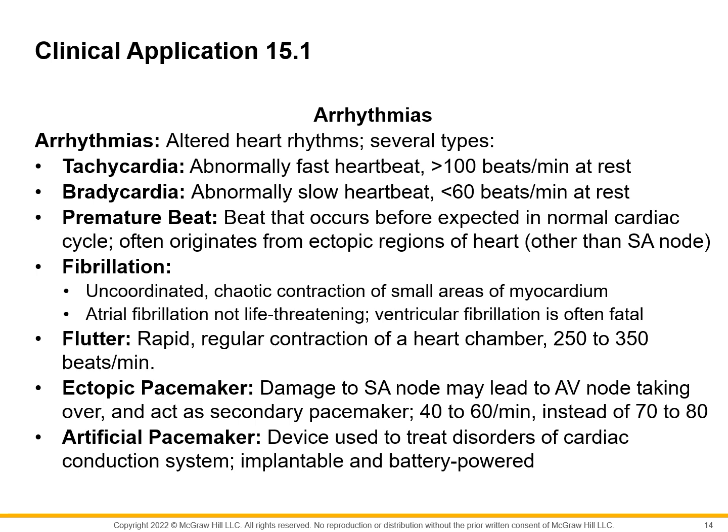Okay, we have the concept of fibrillation. Fibrillation can occur in the atria or in the ventricles, but in the atria it is not that serious like in ventricular fibrillation, because ventricular fibrillation is mostly fatal. So what is fibrillation? Fibrillation is uncoordinated and chaotic contraction of small areas of myocardium.